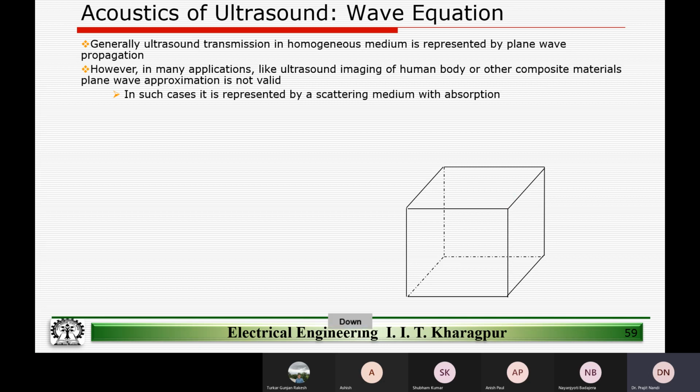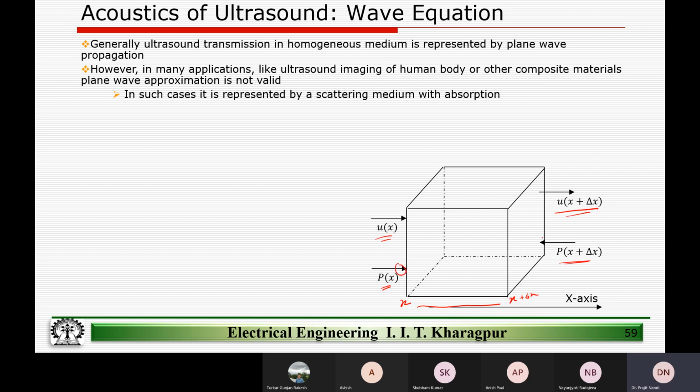And if on the x-axis, I've shown the x-axis like this, the particle velocity of the medium at, let's say, a coordinate x is ux, and the pressure is px, and similarly at x plus delta x, it is ux plus delta x and px plus delta x. Note the direction of the arrows for the pressure gradient. This is important while we derive the equations and look at the sign and magnitude, right?